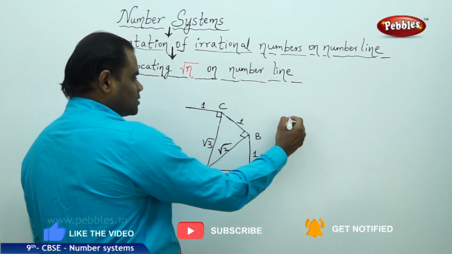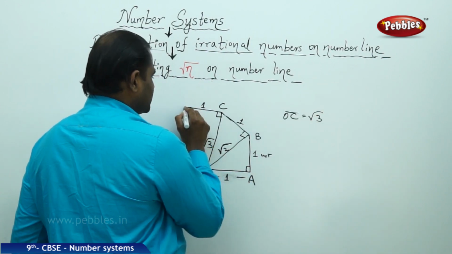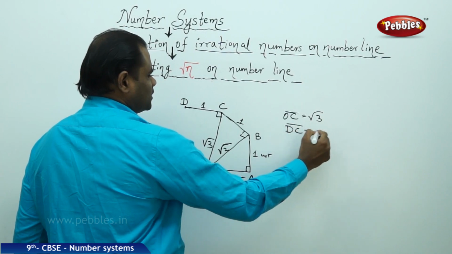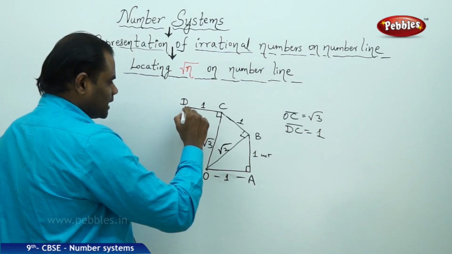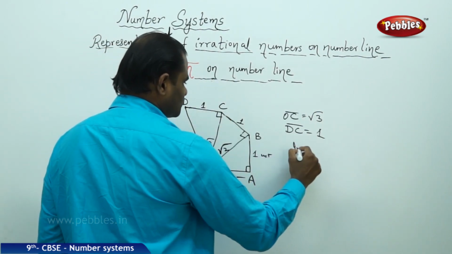So when this distance OC is root 3, and say my distance from D to C is 1 unit, this forms a right angle triangle ODC.